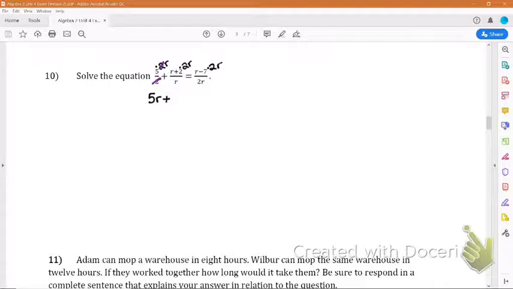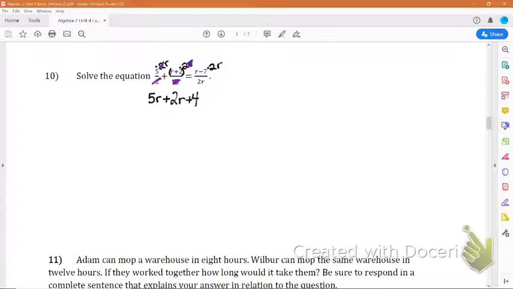I can only cancel something on the top with something on the bottom. The r cancels with this r. That leaves me with, be careful, the r plus 2 that was already there gets multiplied by the 2 that's left on the top. So 2 times r is 2r, and 2 times 2 gives me 4.